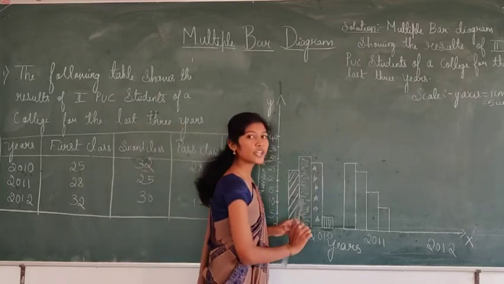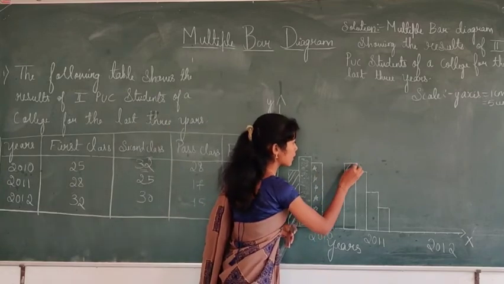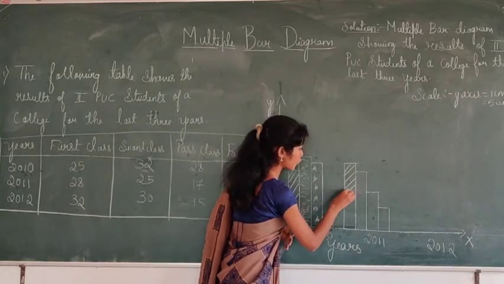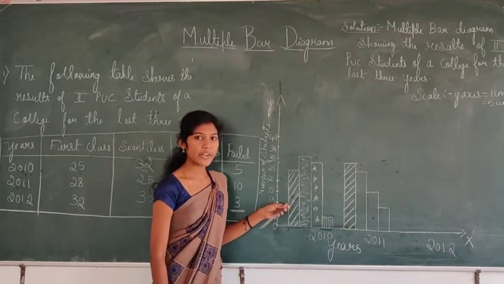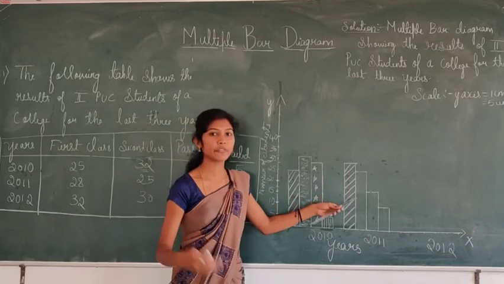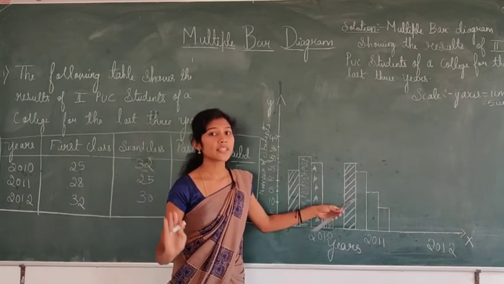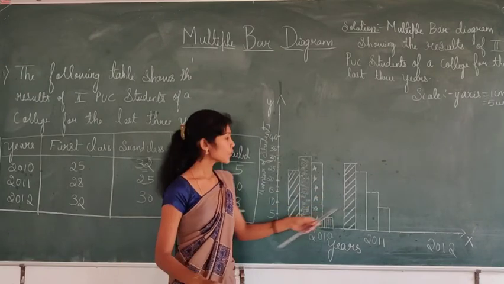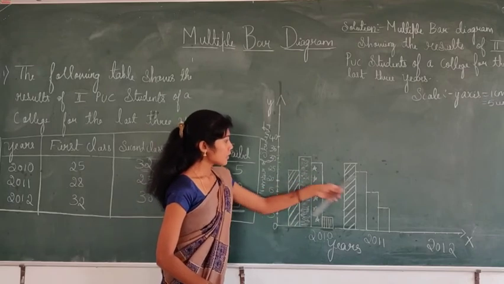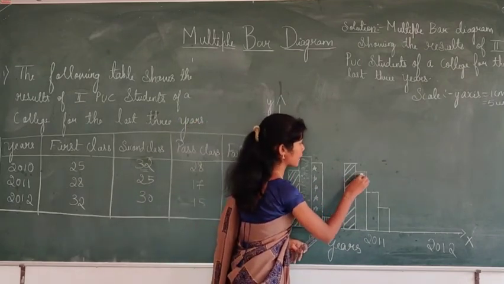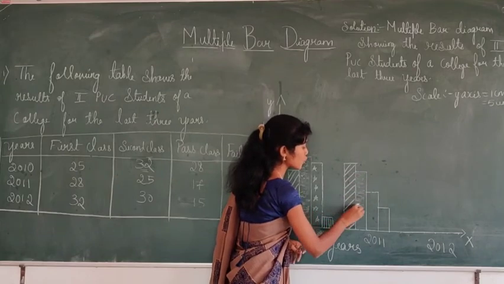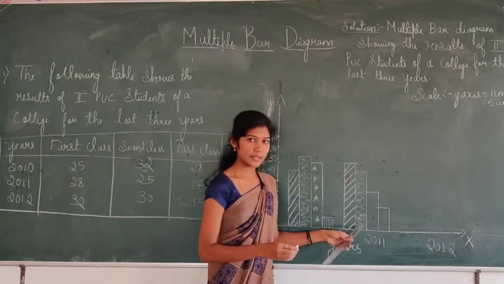So even here you need to mark the crossed lines. For the second bar, you have used shading, to represent the number of students who have secured second class.